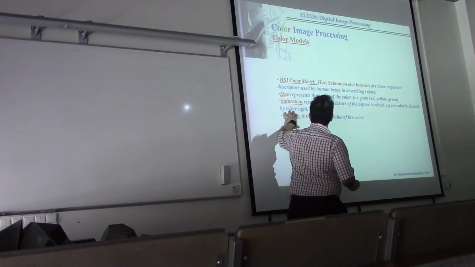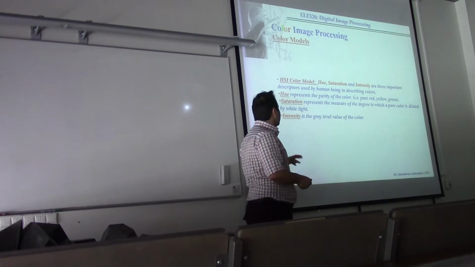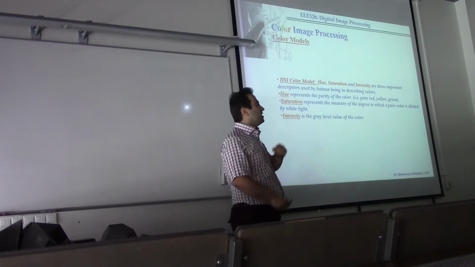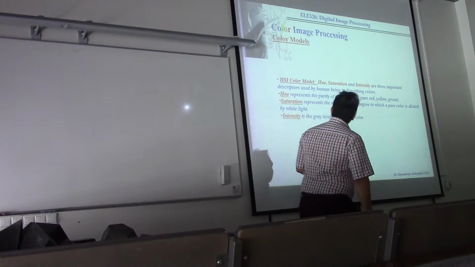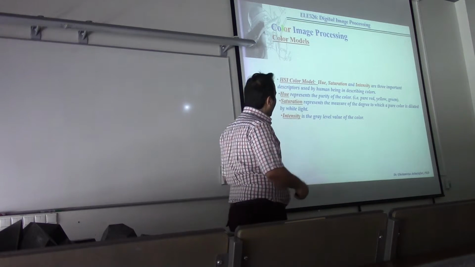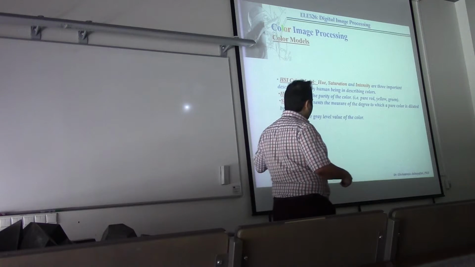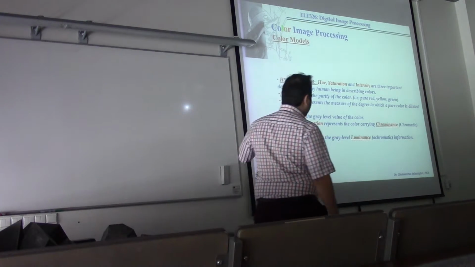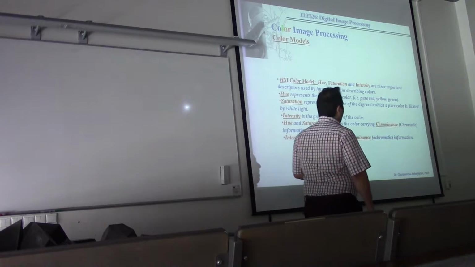For example, if you use this part of the image, you can easily represent the image in the grayscale that we can use. And as I mentioned before, hue and saturation represent the color carrier.